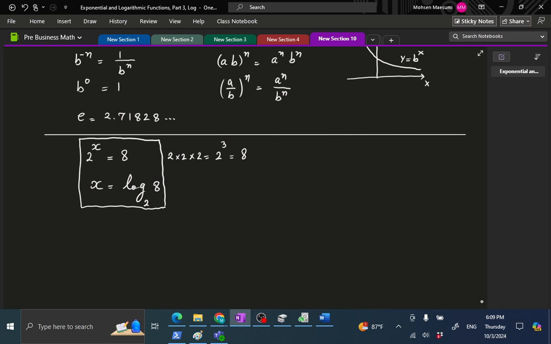The second is whatever we do to extract that x, whether you're using memory, a table, or a calculator. We indicate that as logarithm of 8 in base 2. And logarithm of 8 in base 2 is just this number.